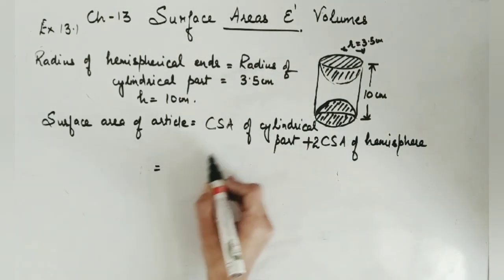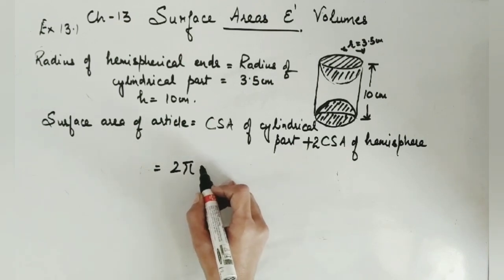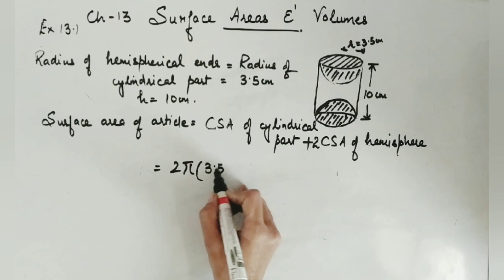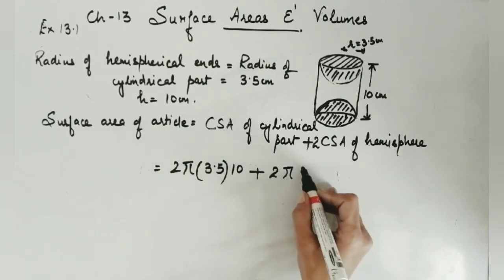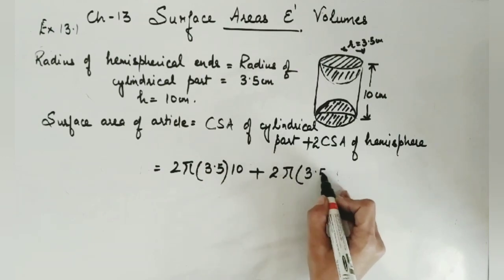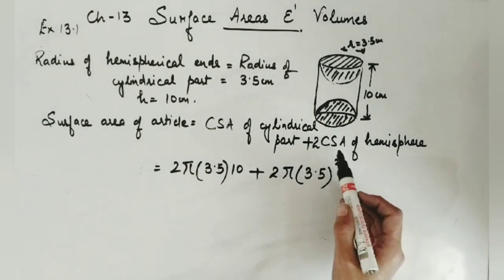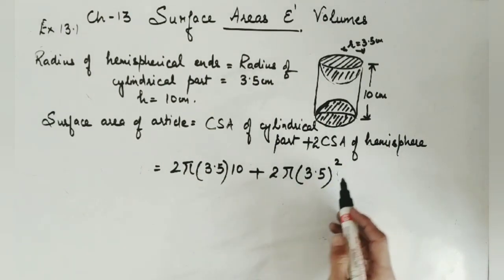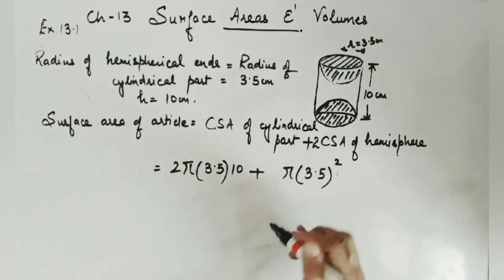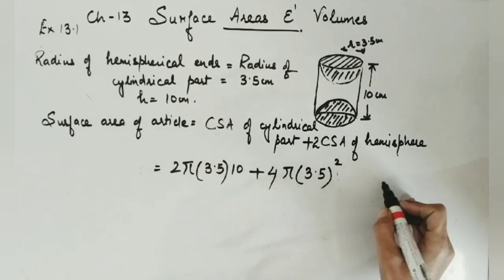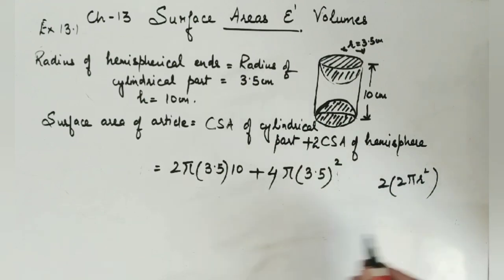Perfect. So put the value: CSA of the cylindrical part is 2 pi r h. What is r? Put the value straight away. r is 3.5. What is h? It's 10. Plus twice of 2 pi r square. The radius for these two would also be the same. CSA of hemisphere is 2 pi r square. Since we are taking two such hemispheres, it becomes 4 times, 2 into 2 pi r square would become 4 pi r square.